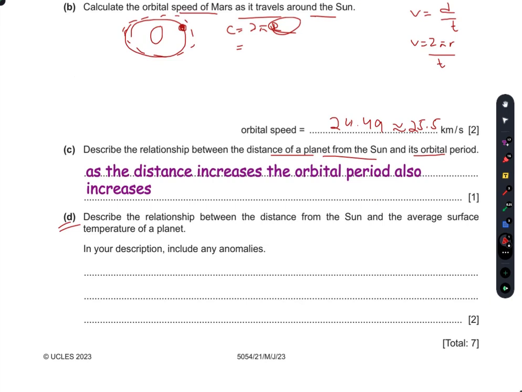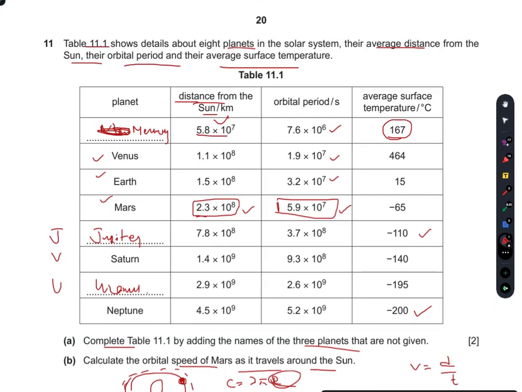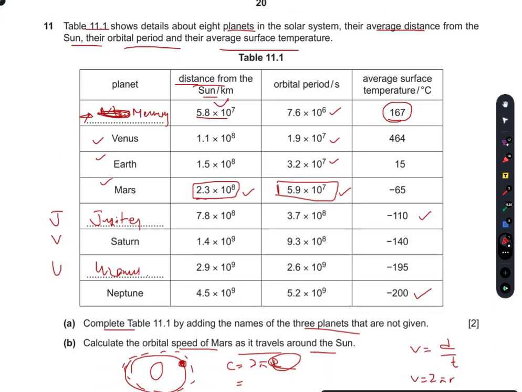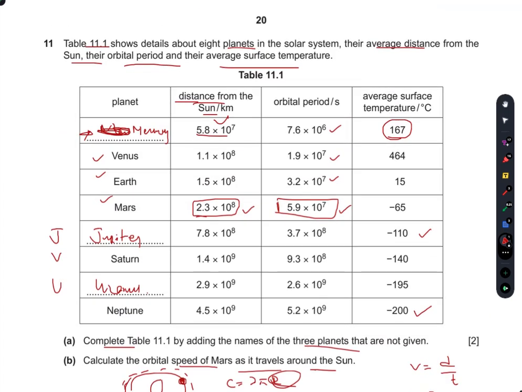Describe the relationship between the distance from the sun and the average surface temperature of a planet. In your description, include any anomalies. So anomalies here are, I think it is Mercury here. And so the anomaly here is not Mercury actually.